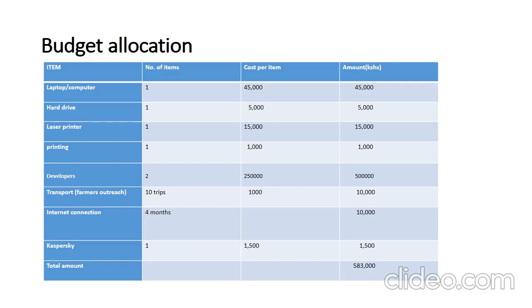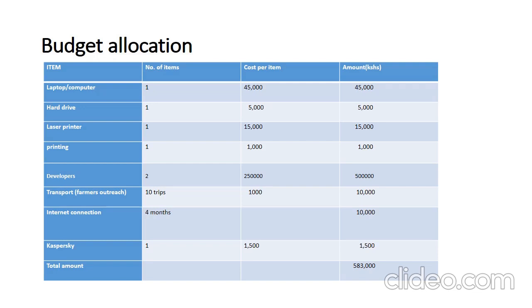Then we need 2 developers, one for the back end and the other one for the front end, and each developer will be paid 250,000, totaling to 500,000. We need transport fee for the 10 trips, and per trip will be costing 1,000, so totaling to 10,000.